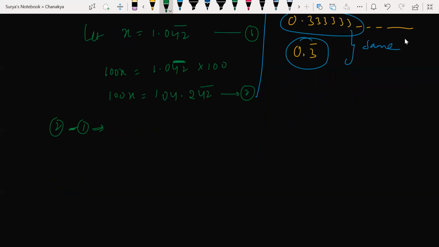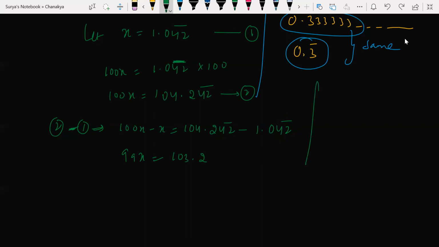So 2 minus 1: 100x minus 1x is equal to 104.242 bar minus 1.042 bar. If you subtract this, what are you going to get here? 99x equals 104 minus 1, 103.2. The 4 bar will get cancelled, I mean you will be getting 0 0 0 0.